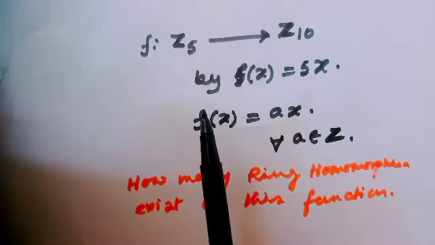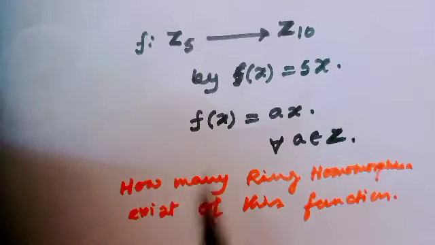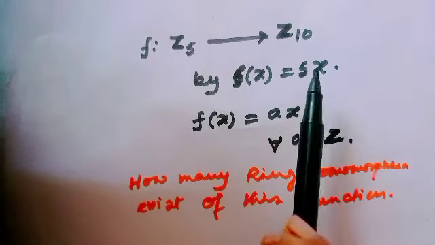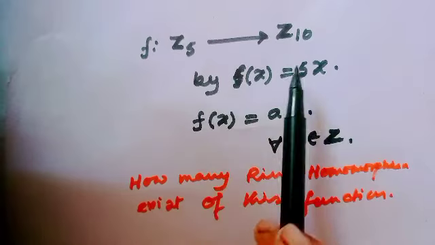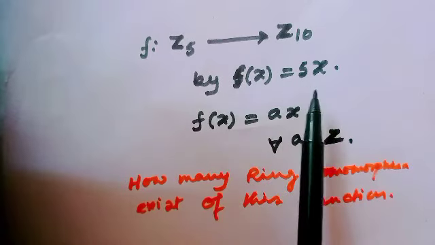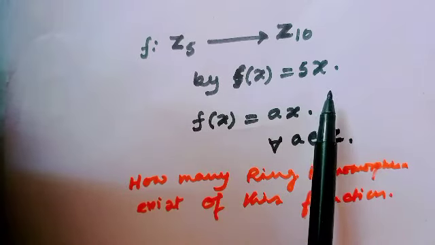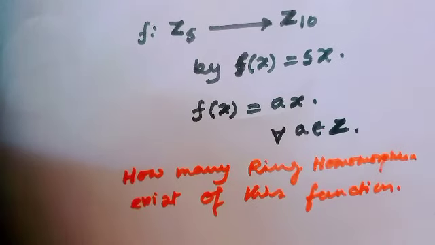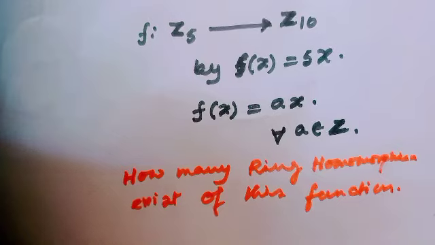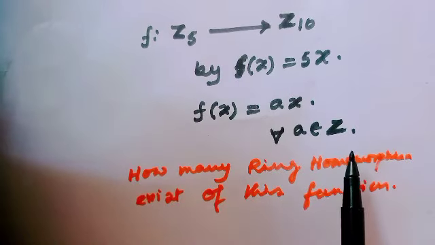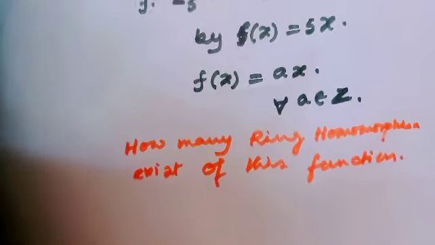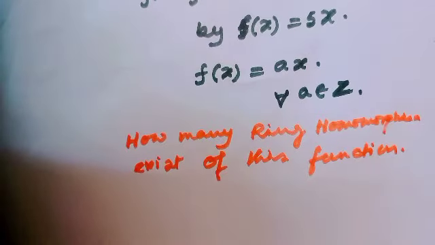Now let's see. A few minutes ago, we saw there exists a ring homomorphism f from Z5 to Z10 by the defined function f of x equal to 5x. Now, if we consider the general function f of x equal to ax, for all a belonging to the integers, then my question is, how many ring homomorphisms exist for this function?